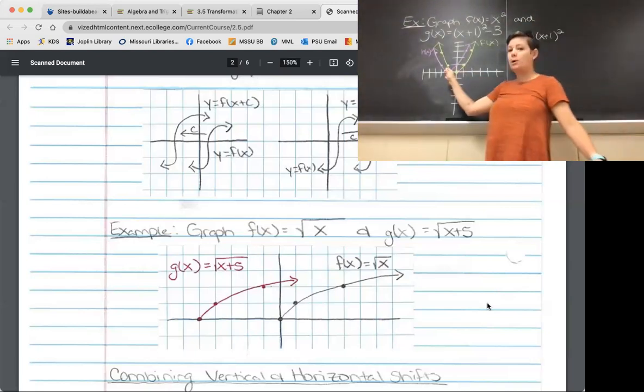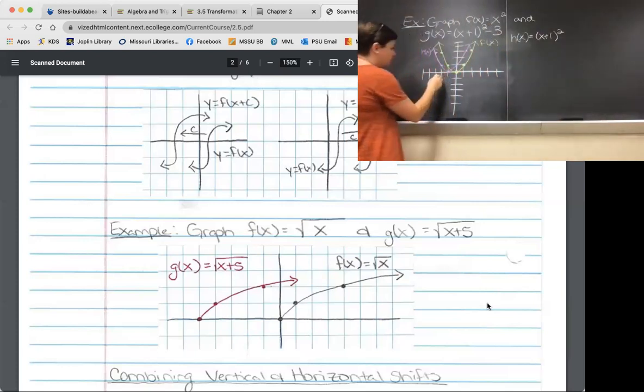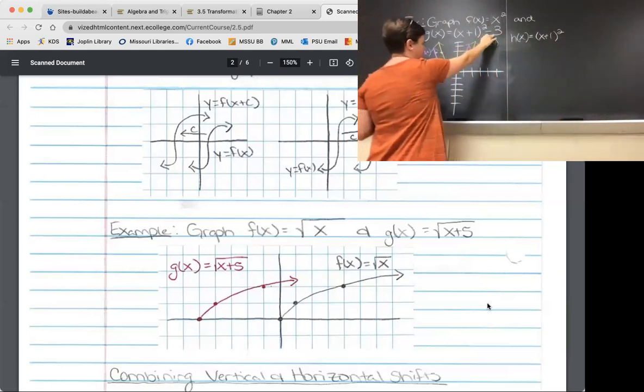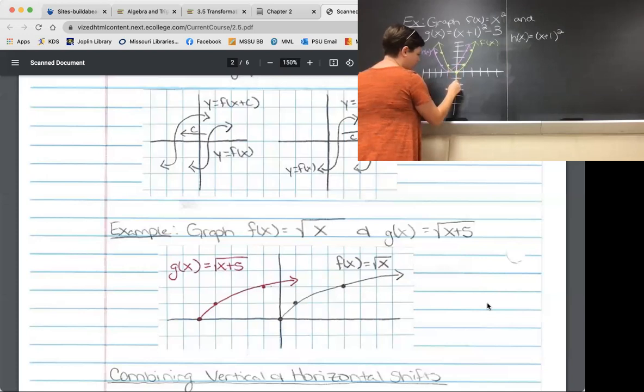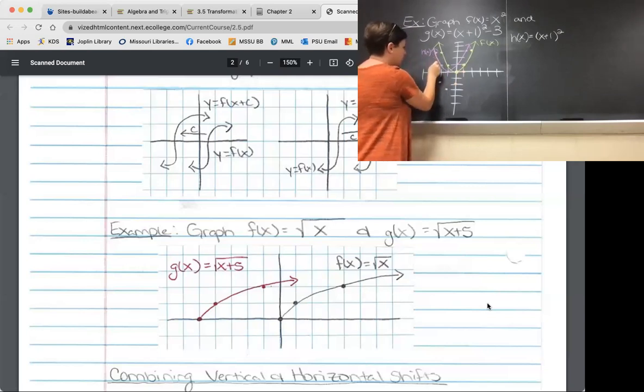So I'm starting with my purple graph, and I'm going to shift everything down 3 units because it says -3. So I'm going to go 1, 2, 3.